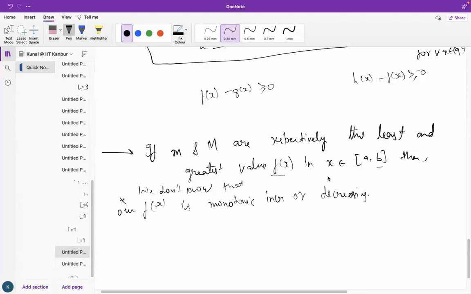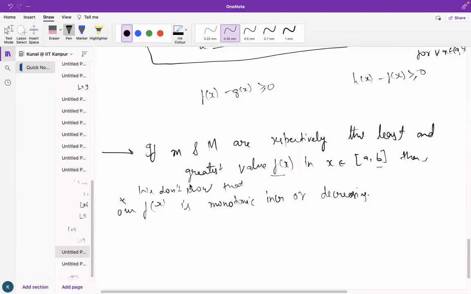We just know that our function's least value for x belonging to [a, b] is small m, and the greatest value in [a, b] is capital M. But we don't know whether our function is monotonic increasing or decreasing.